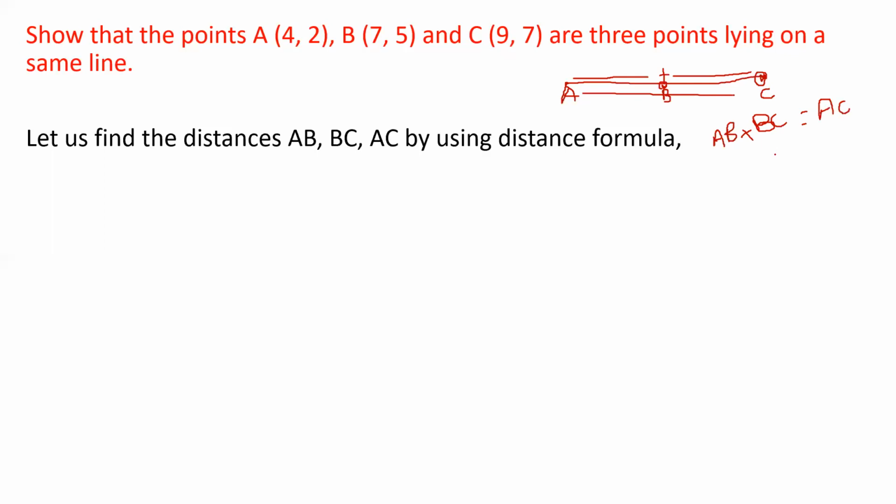So what I can say here, if I add AB and BC, it should be equal to AC. If the statement is satisfied at the end of the question, we can conclude that the points are, here they asked to prove, so we can prove that the points are on the same line.